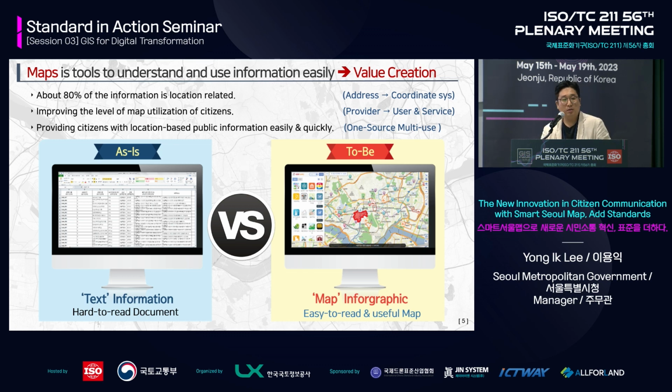As I mentioned earlier, I work for Seoul Metropolitan Government, where we make a lot of administrative decisions. Our aim is to provide the simulation and the information that are easy to use for the general public.